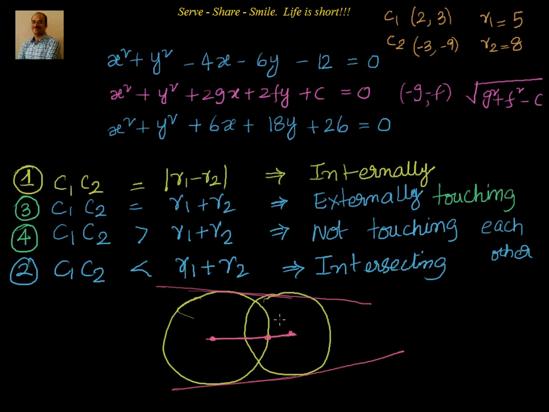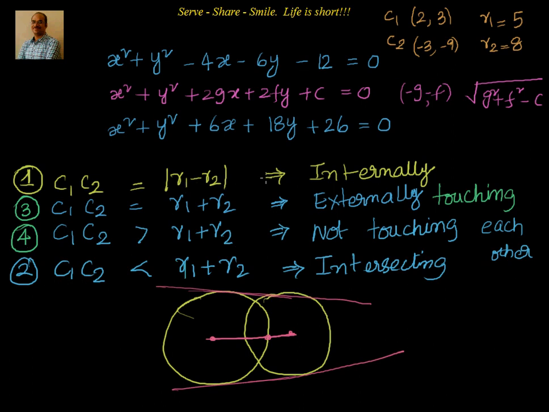Since we have seen all four scenarios: if C1 C2 is equal to R1 plus R2, externally touching, three common tangents. If C1 C2 is greater than R1 plus R2, they are not touching each other, you have four common tangents.